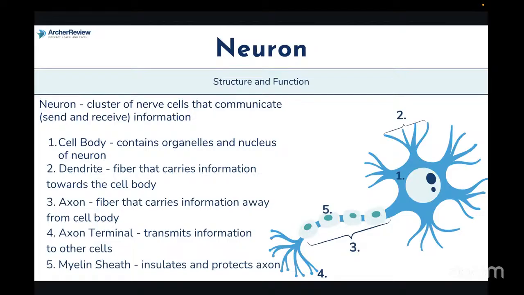We don't want to mess up what that signal is. And since it has to travel along the length of that axon, we can't lose the integrity of the signal. We can't lose the signal itself. That means the axon has to be protected to ensure that we get that signal to the correct location. And again, that's the job of the myelin sheath, to protect that axon.